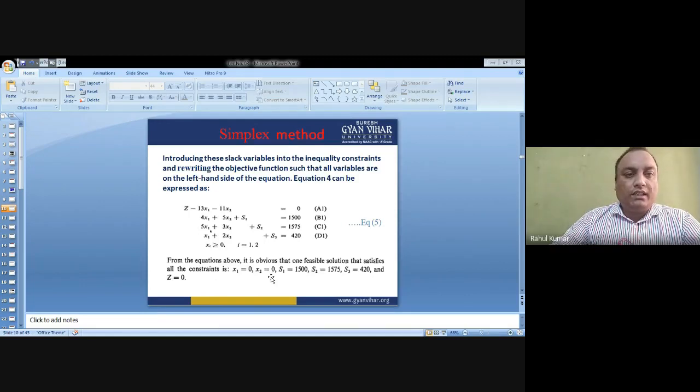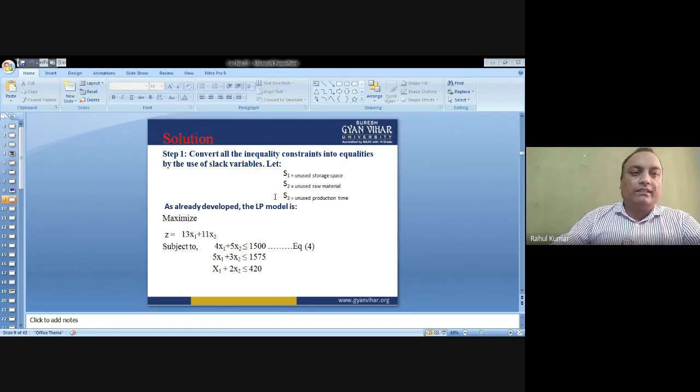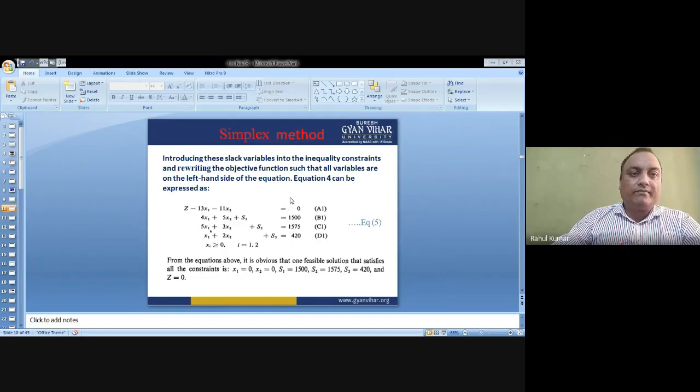For introducing this, just convert this equation into the generalized form and introduce these slack variables, S1, S2, and S3, into the inequality constraints, rewriting the objective function such that all variables are on the left hand side of the equation.